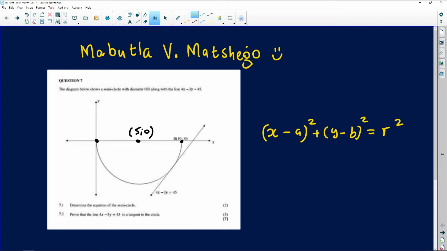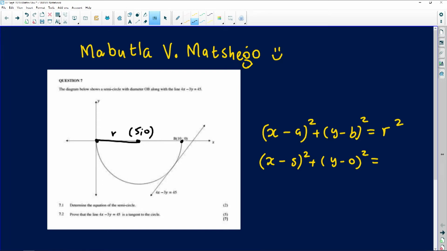Now that means I've got my coordinates of the center. I can simply say this is (x minus 5) squared added with (y minus 0) squared is equal to the radius squared. Now what is the radius? Well, this should be straightforward, because if you look closely in this diagram, you can see that we are expecting the radius to be the distance from the origin to the center.